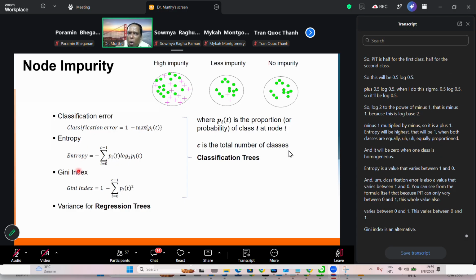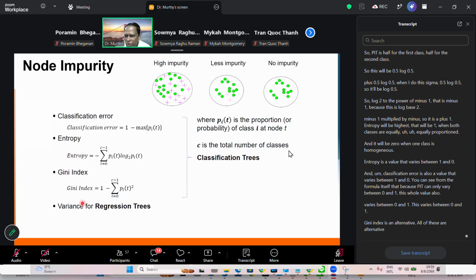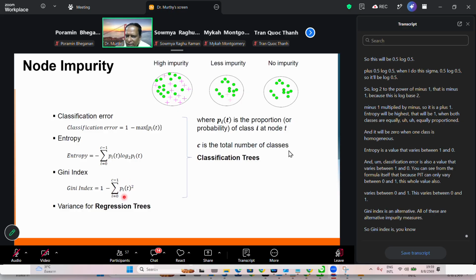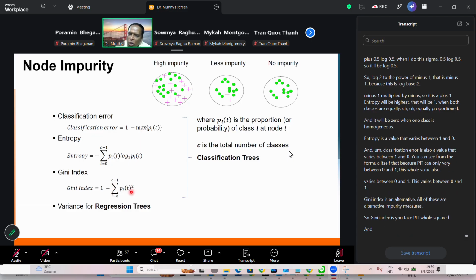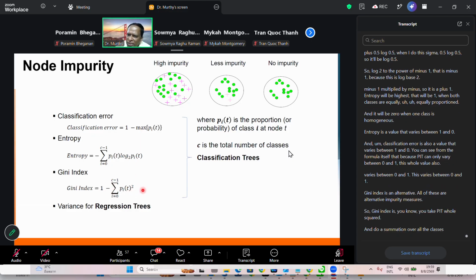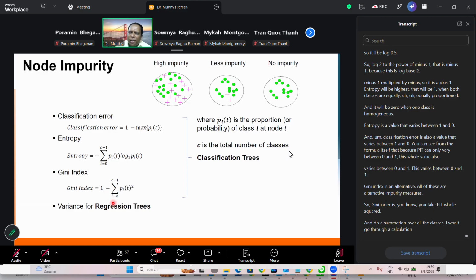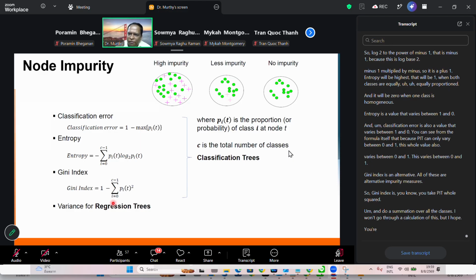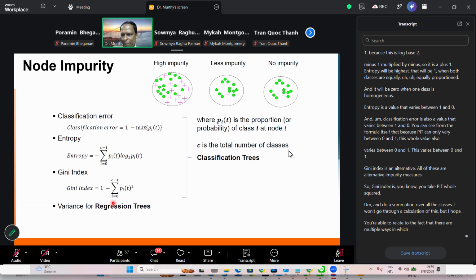All of these are alternative impurity measures. So Gini index is, you take PIT whole squared and do a summation over all the classes. I won't go through a calculation of this, but I hope you're able to relate to the fact that there are multiple ways in which you can measure impurity.